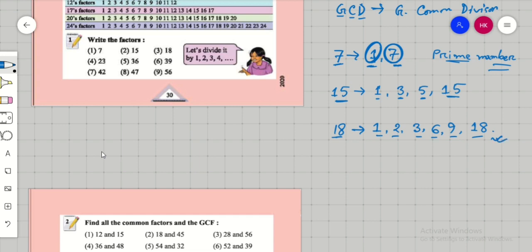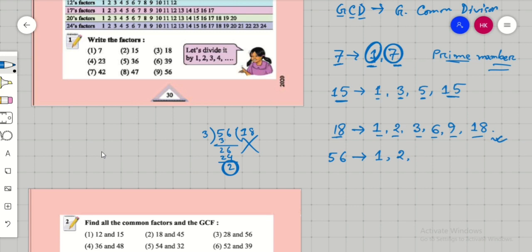In this way we can find the factors of 56, right? The factors of 56 are 1, 2, and can we divide it by 3? 3 ones are 3, 3 twos are 6, 3 eights are 24. No, we cannot divide 56 by 3 because there is a remainder of 2. So 56 is not divisible by 3.